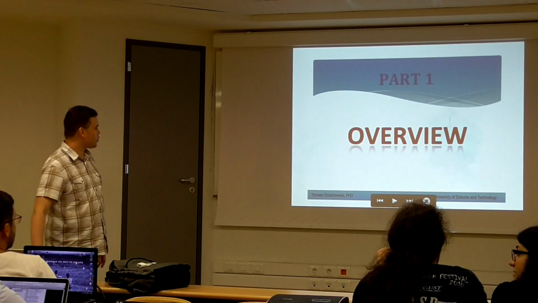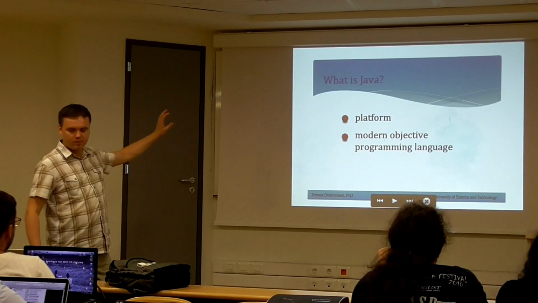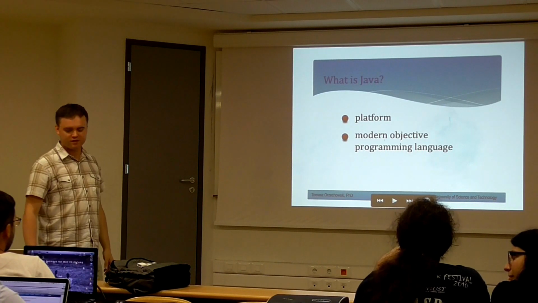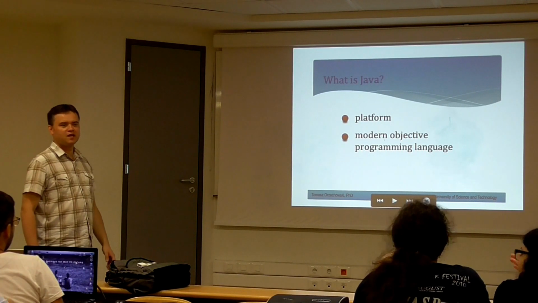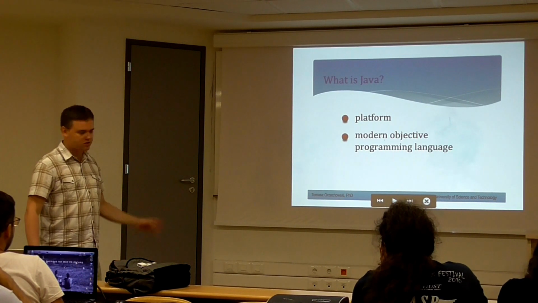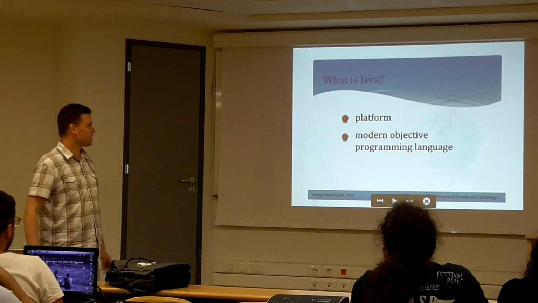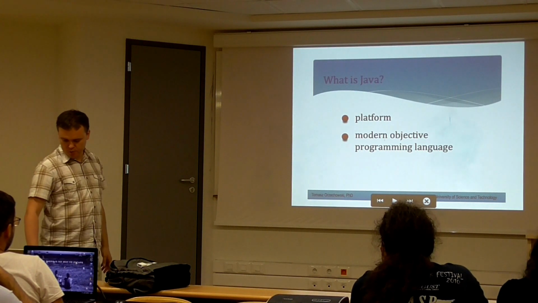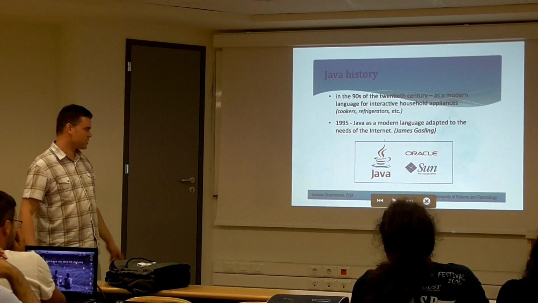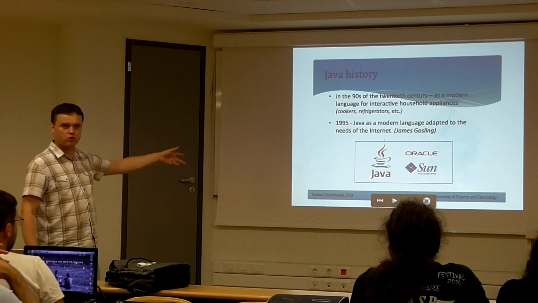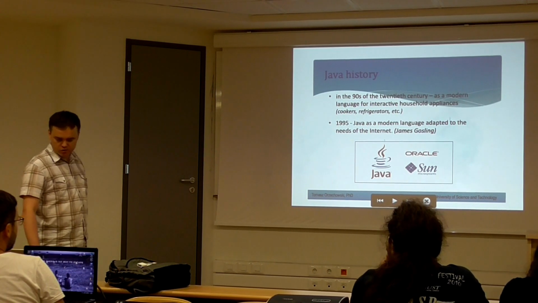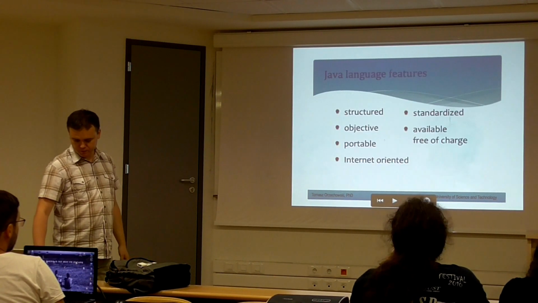Okay, so overview. What is Java? Java is a platform, and of course, still modern. Scala is maybe the newest programming language, but Java is still very popular, still a modern object-oriented programming language. Java, as you know, was developed by Sun Microsystems, which was bought by Oracle, and now Oracle is responsible for Java.